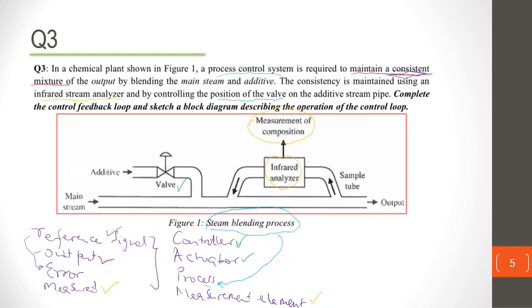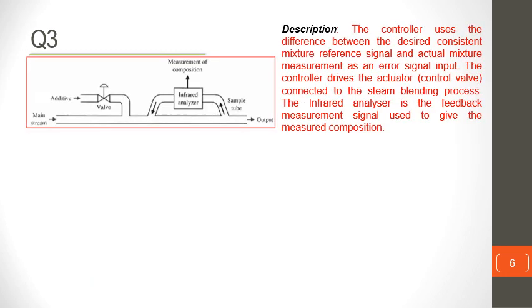So let's move on then to draw a sketch of that control system to complete the loop. Now that we have analyzed, our control system would be of the following format. We have here the reference signal, the measurement coming from behind, and then this goes to the controller.